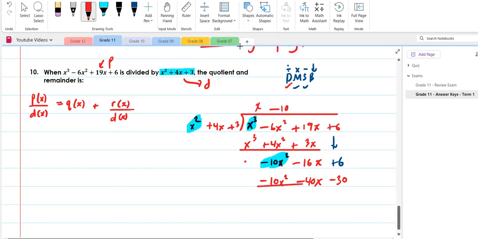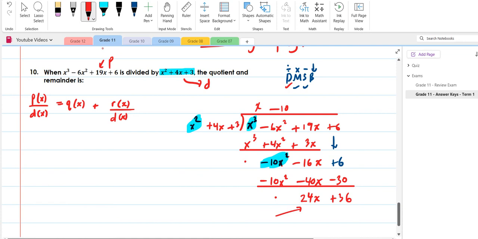Now we subtract them. Minus 10 minus minus 10 is 0. Minus 16 minus minus 40, minus 16 plus 40, is 24x. Then 6 minus minus 30 gives us 36. So this is my remainder, 24x plus 36, and my quotient is x minus 10.